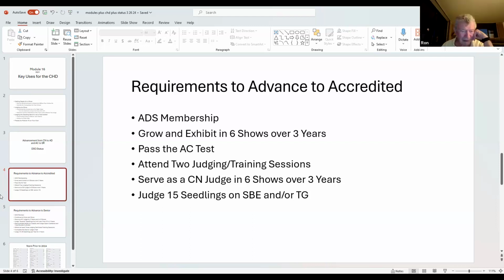Is it up to the candidate judge to document their history? How does anyone know that they've done 6 shows over 3 years? Well, Pat, to some extent, I have that information if I am aware of it. In other words, after each show, and I have not done it for this series of seminars, but I should have.